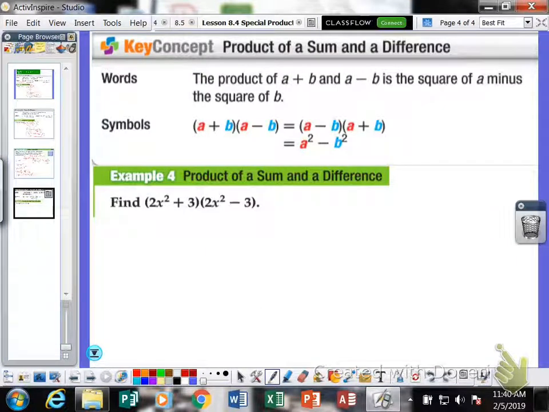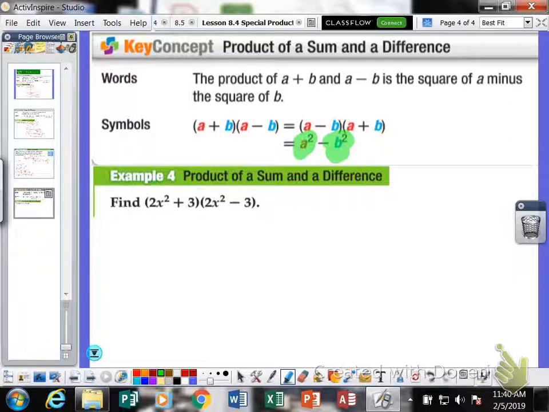And for our last key concept, it is the product of a sum and a difference. The product of a plus b and a minus b is the square of a minus the square of b.